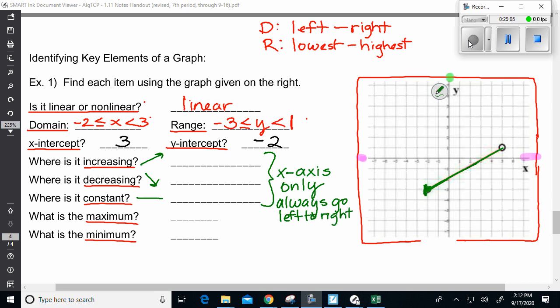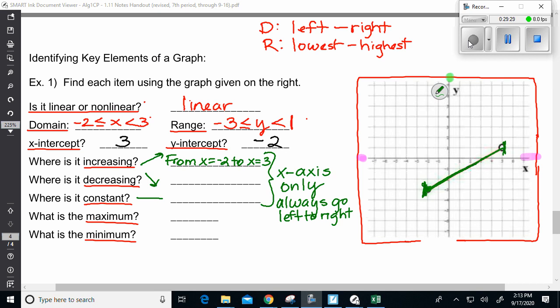So when they ask you where is it increasing, you would put it from x equals -2 to x equals 3. It was going up from here to there. And that's it.